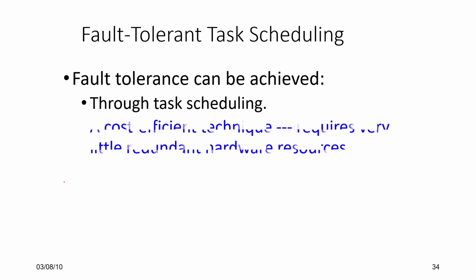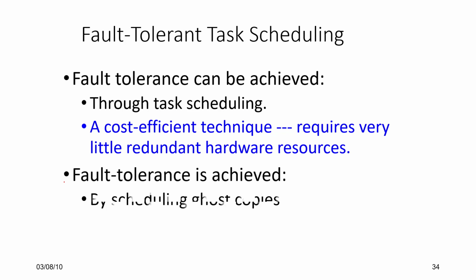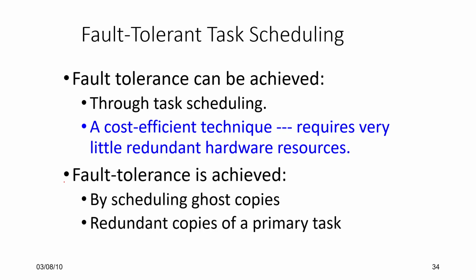But we can also do things like fault tolerance, in the sense that if, let's say, one process may develop a fault, we can run multiple copies of the process on different CPUs. So, of course, this will harm our real time guarantees, but we will get a degree of fault tolerance. So we'll basically schedule secondary copies or ghost copies, which will be redundant copies of a primary task.